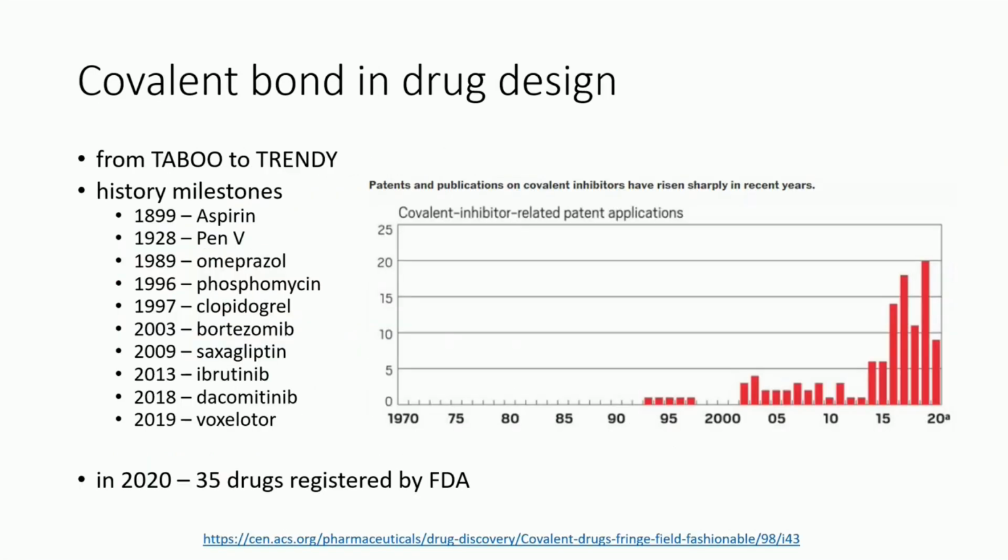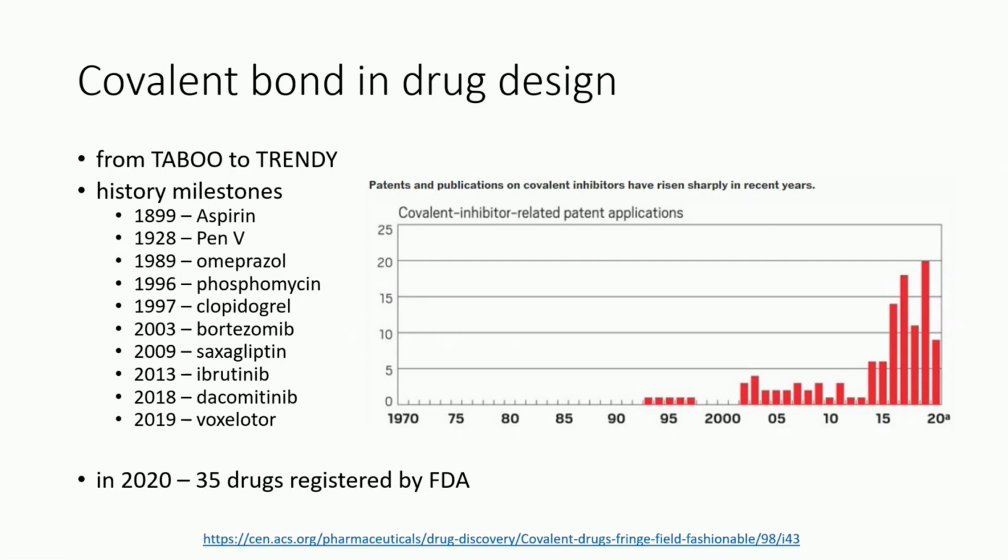I would like to tell something about the covalent bond. That was taboo actually in the history. However, there were some drugs used in the past and it was not known that they bind covalently to the target.